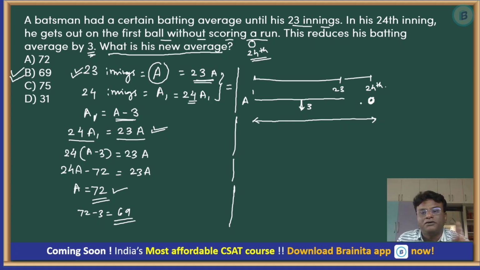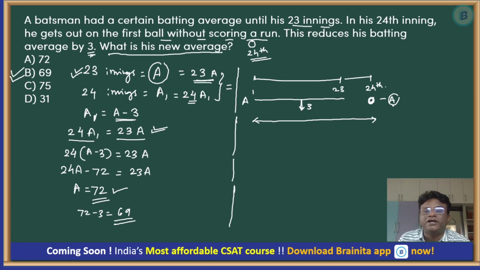If he would have scored equal number of runs as average, so if he would have scored A runs in 24th innings also, the average would not have got changed, right? Because his average in 23 innings is A, and if he scored A runs in 24th innings also, his average would remain A, correct? But he scored 0, because of which average came down by 3, right?